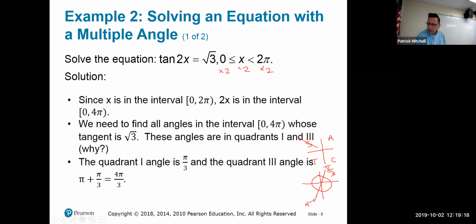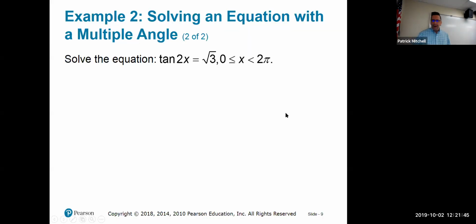And that comes out to 4 pi over 3. So far we have found two angles whose tangent is square root of 3. Those angles are pi over 3 and 4 pi over 3.